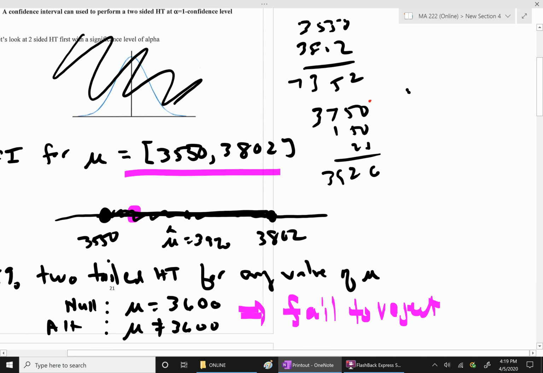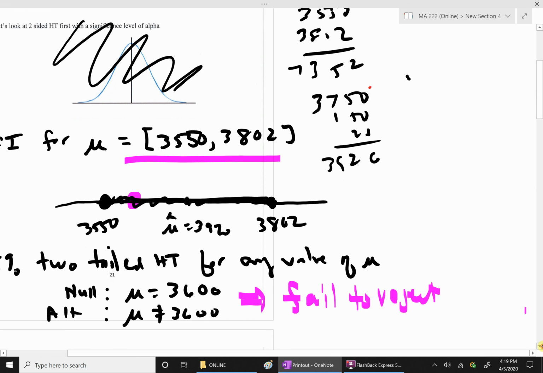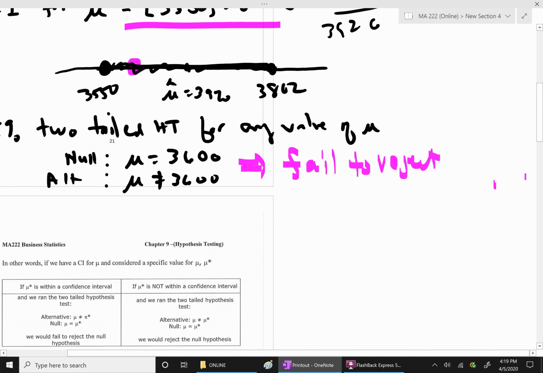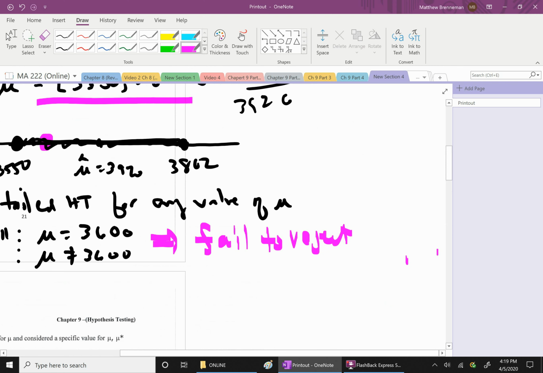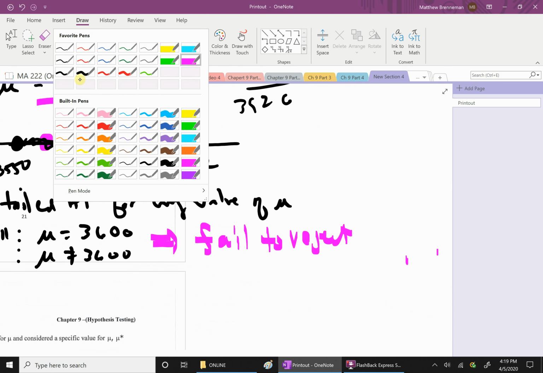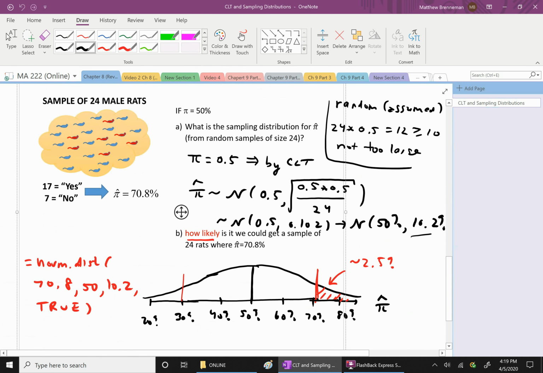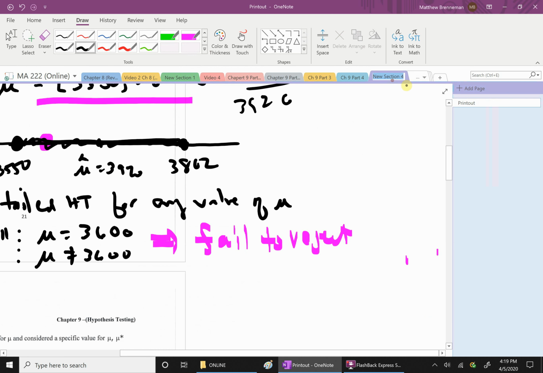Let's suppose, on the other hand, Abe wanted to test and see if mu is equal to 3,900. So notice I can run an infinite number of hypothesis tests.